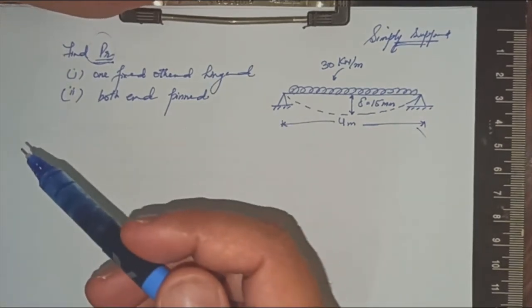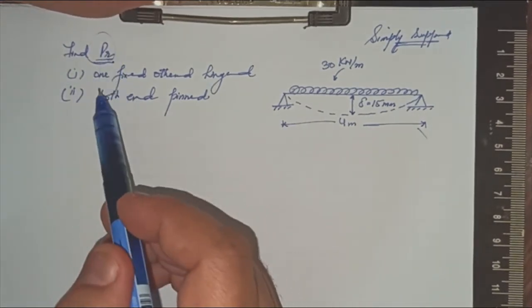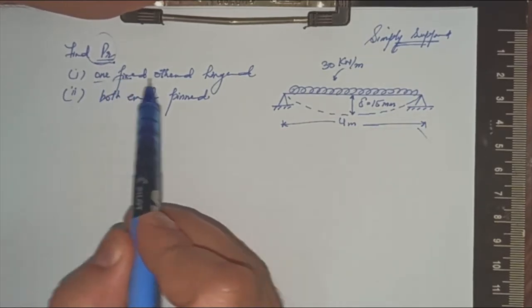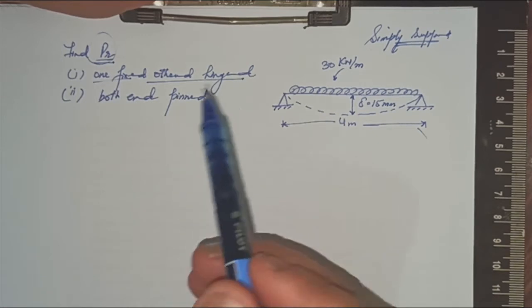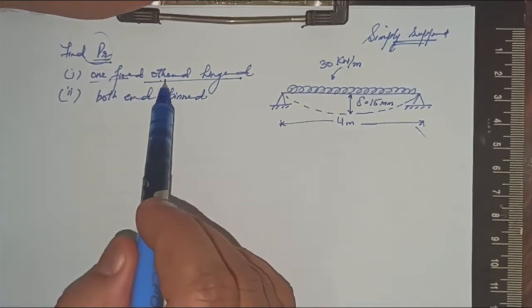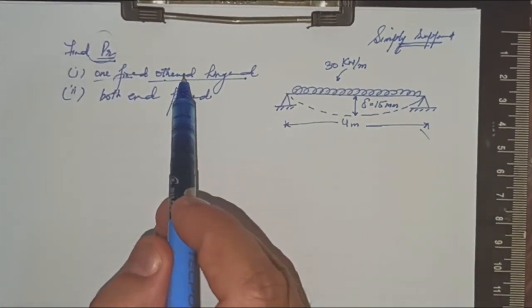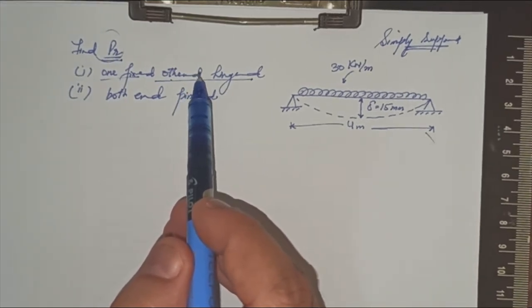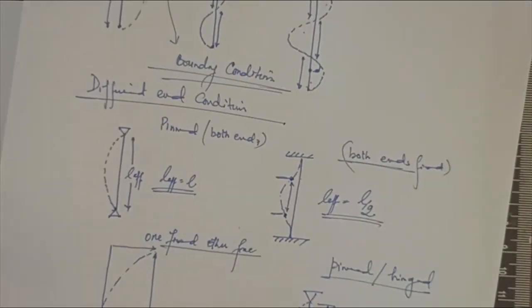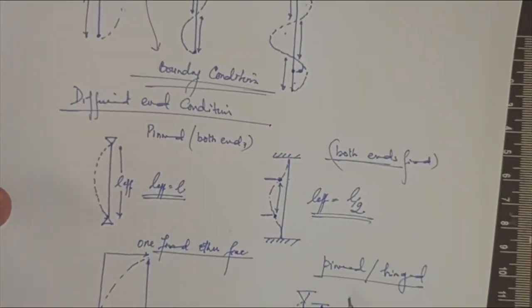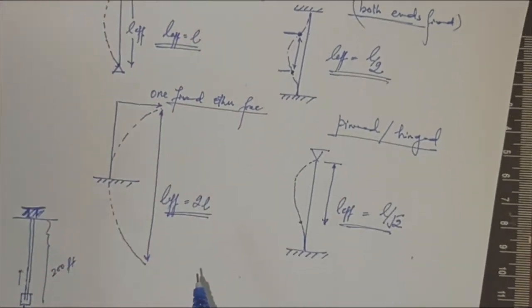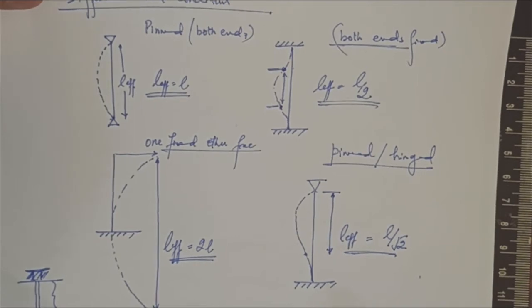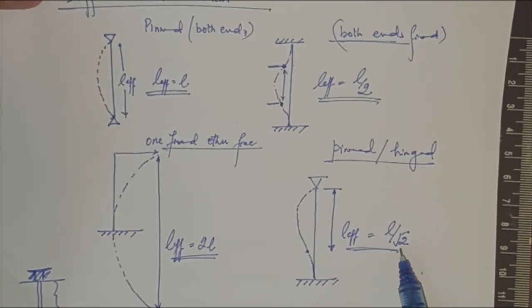What will be the critical load required if it has this boundary condition, one end fixed and the other end hinged? For such a boundary condition, my L effective will be equal to L by root 2.